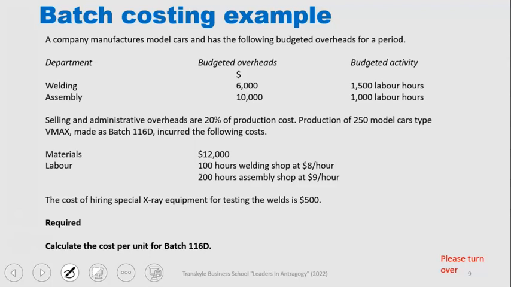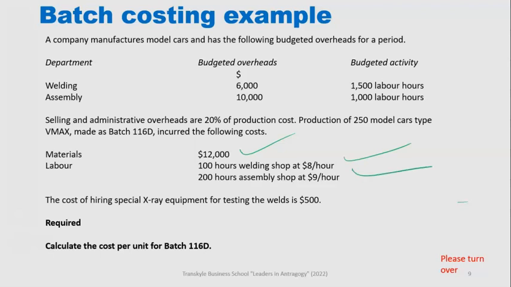Selling and administrative overhead is 20% of production cost. Production of 250 model cars, type B mark X, made as batch 116B, incurred the following costs. Materials cost $12,000. The labor involved was 100 hours in the welding shop at $8 per hour, and 200 hours in the assembly shop at $9 per hour.